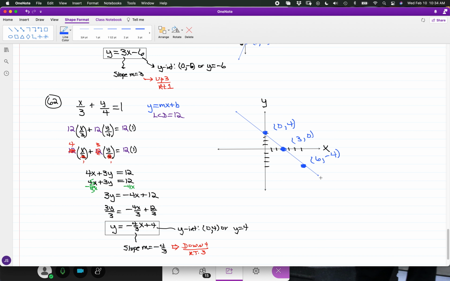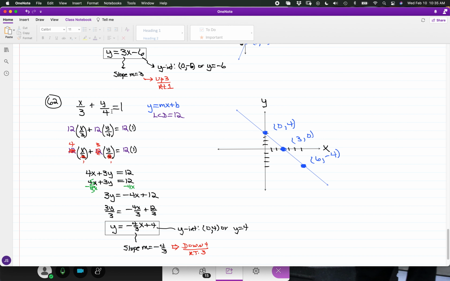And so connecting the dots, we have a line that's going to represent all the combinations of x and y that will belong to any variation of x over 3 plus y over 4 is equal to 1, including that slope-intercept equation.